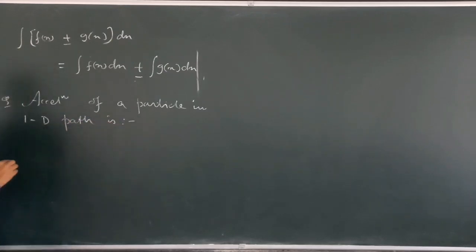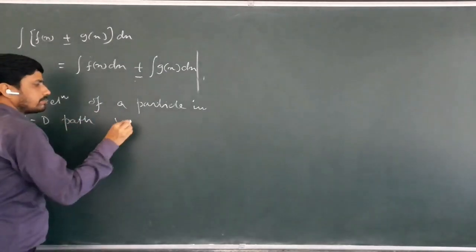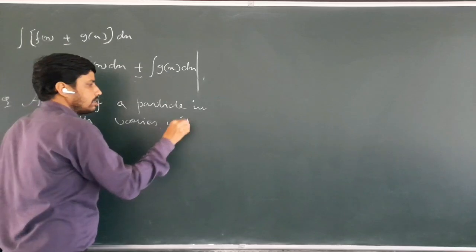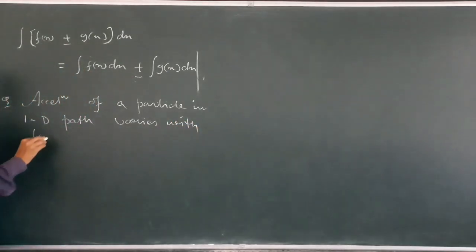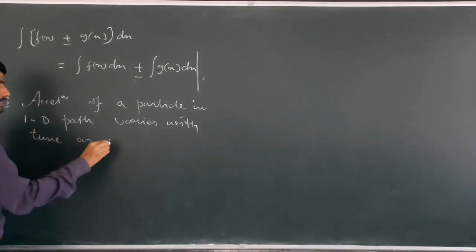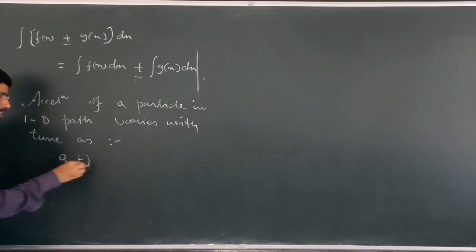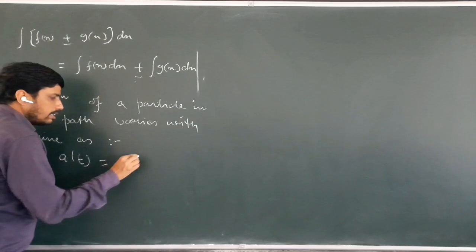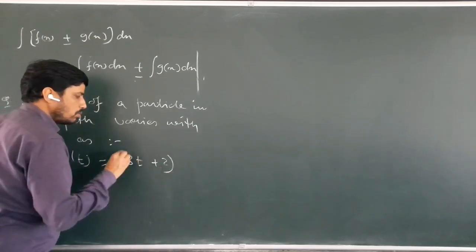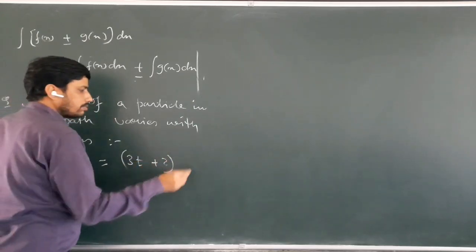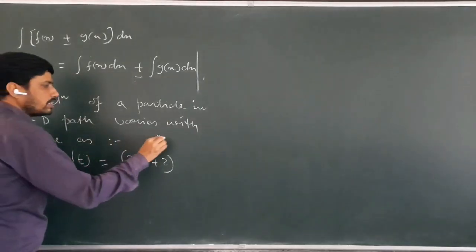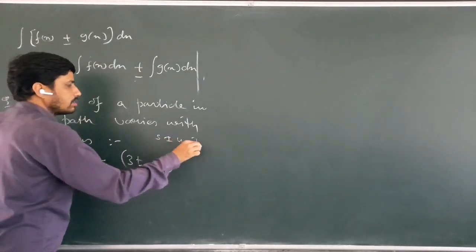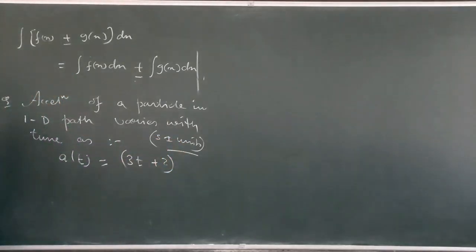It varies with time as acceleration at an instant t is equal to 3t plus 2 in the SI system. So we are choosing SI units. Okay. So this is the expression for acceleration.